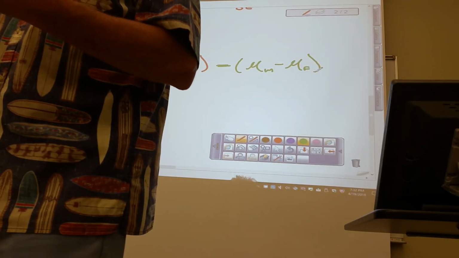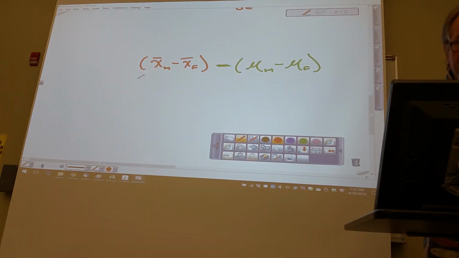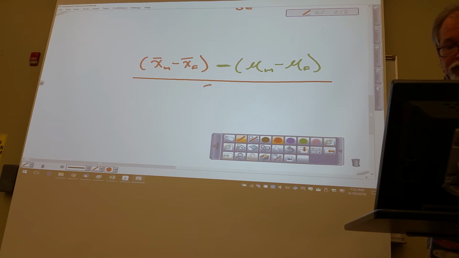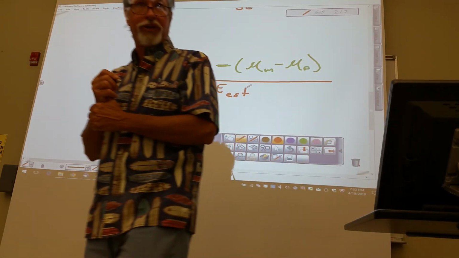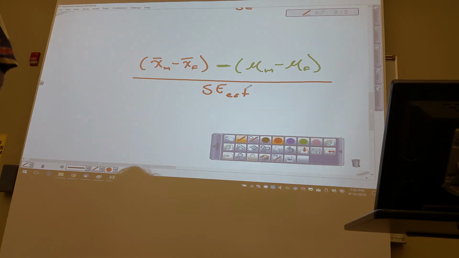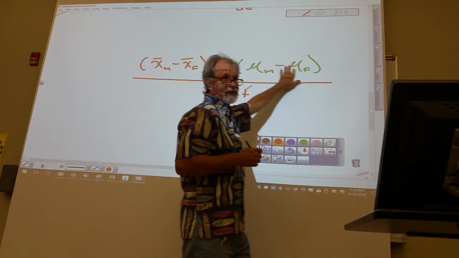Looks scary. And then we're going to divide that by the standard error, and since we're using the T-table, we have to estimate the standard error.